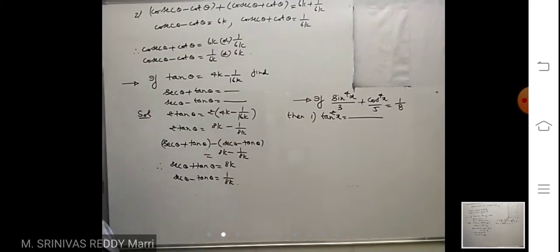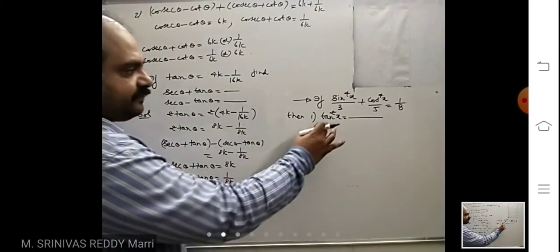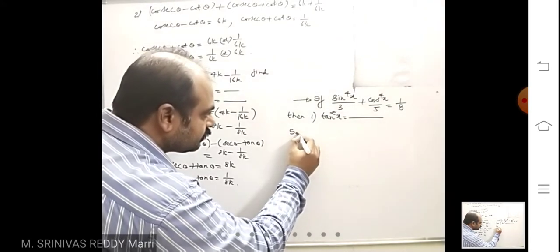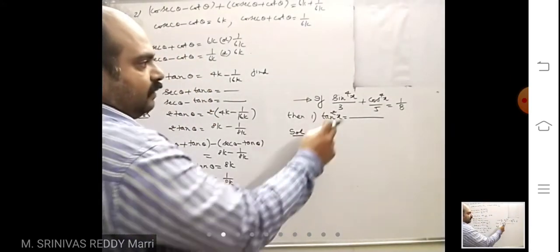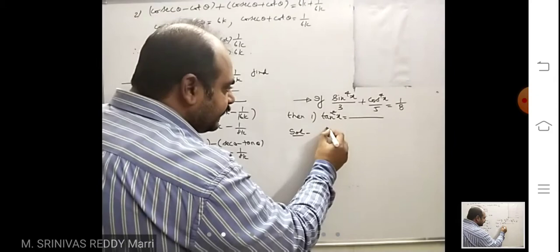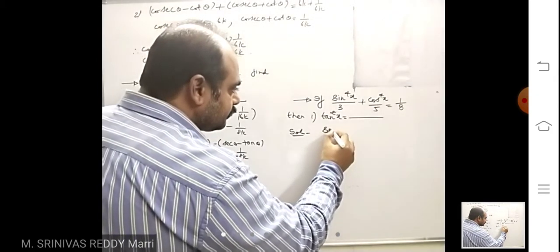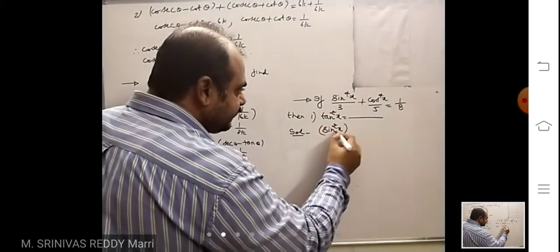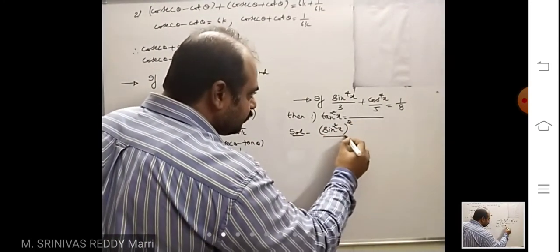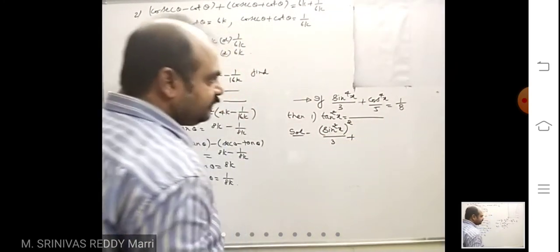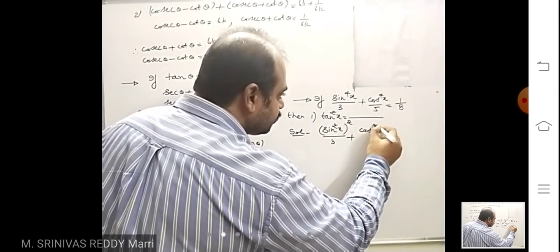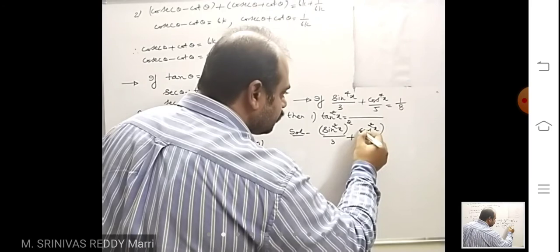Look at carefully. Tan square x value we have to get. Look at so clearly. Now I can write this as sine square x whole square divided by 3. Now this is cos square x whole square.